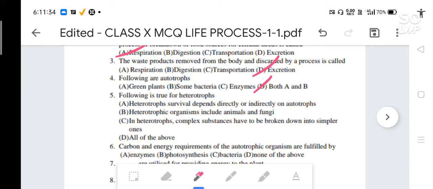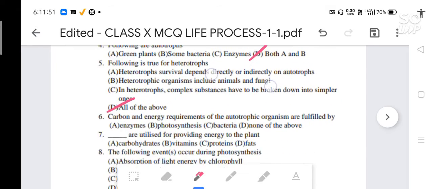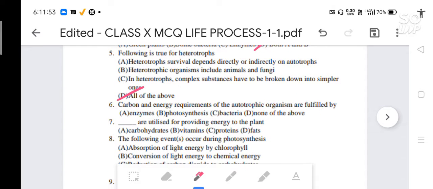Yes, animals like cow and fungi like plasmodium. One trick: if we know two of them, then we could simply answer that the correct answer is all of the above.